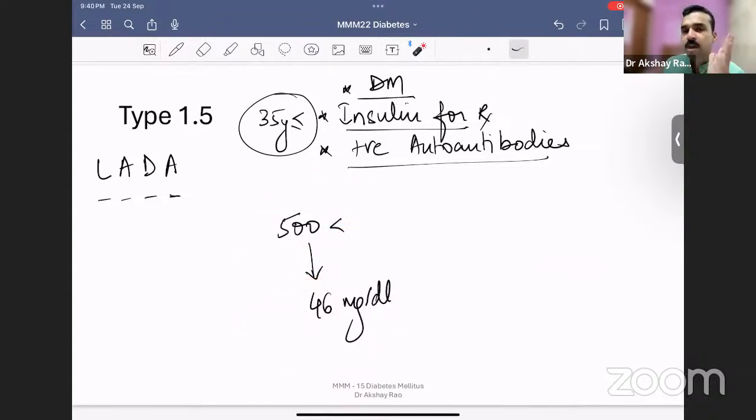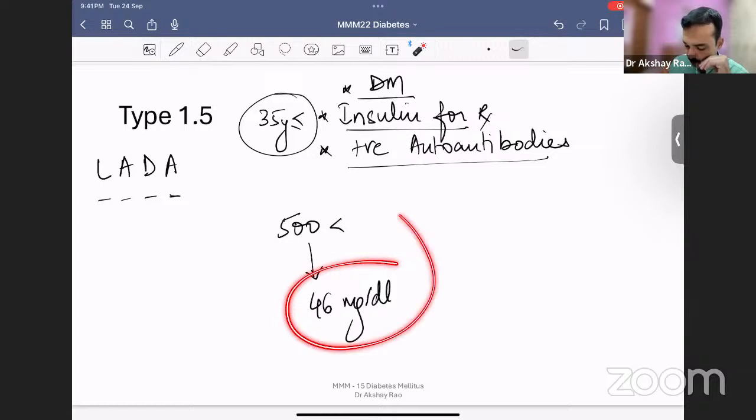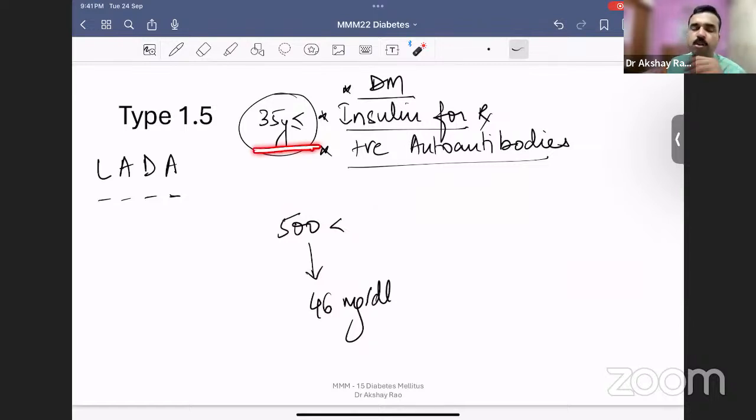This is an indirect marker, I'm telling you a practical point, of the person not having adequate insulin levels in the body. So this we generally see in type 1 diabetes. If you start seeing this kind of a wildly fluctuating pattern of insulin requirement in an older individual, 40-year-old, 45-year-old, you start thinking that the person has LADA.